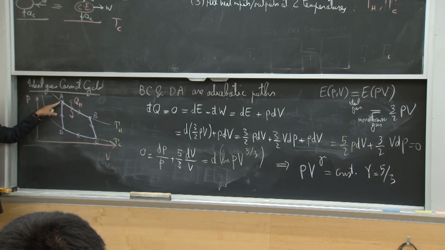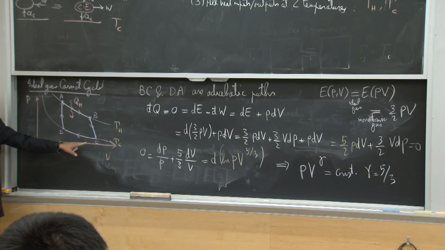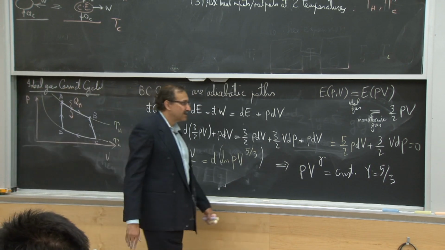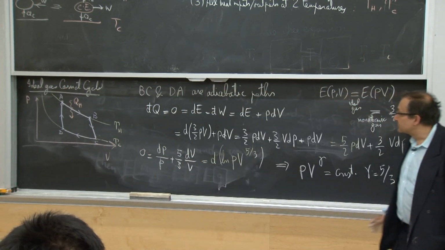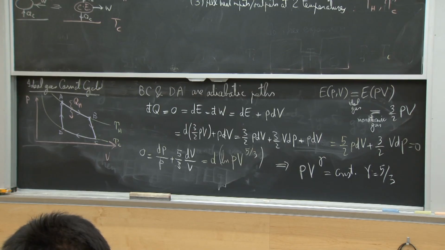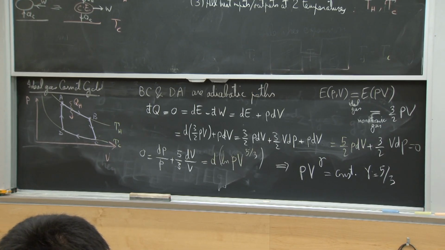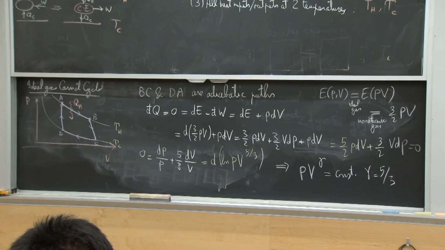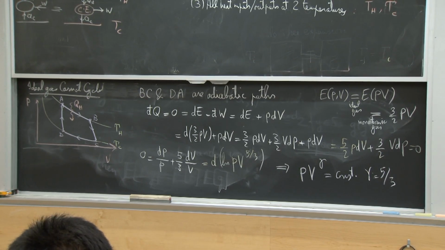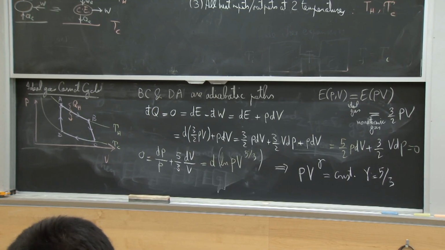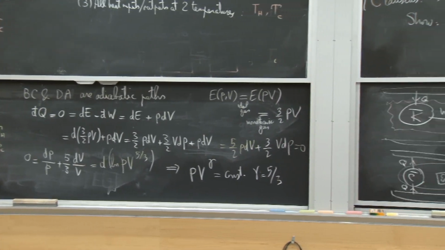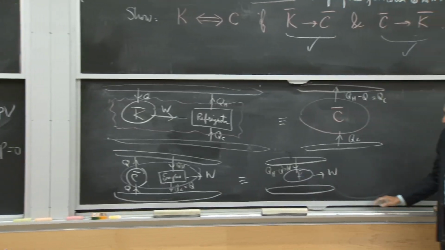You start from the starting point, you go backward, you are guaranteed to hit the isotherm at some point, and then you join those 2 points, and you've completed your cycle. And so you know that at least for the case of the ideal gas, or actually for any 2-coordinate system, you can construct a Carnot cycle. That is, put your material through a cycle that is reversible with all heat exchanges at 2 temperatures only. Okay?